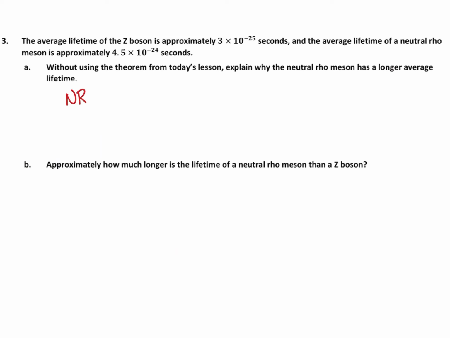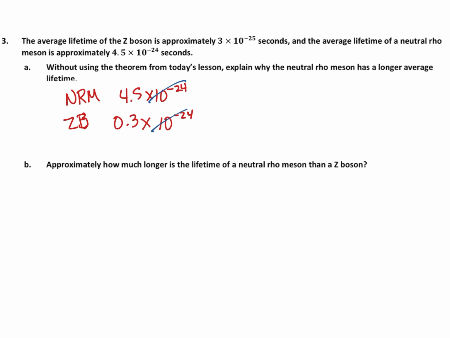We have the neutral rho meson is 4.5 times 10 to the negative 24th, and the Z boson is 3 times 10 to the negative 25th. But if we want to rewrite it as 10 to the negative 24th for comparison's sake, it would be 0.3. I have to move that decimal one spot.